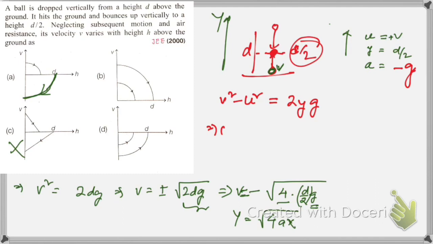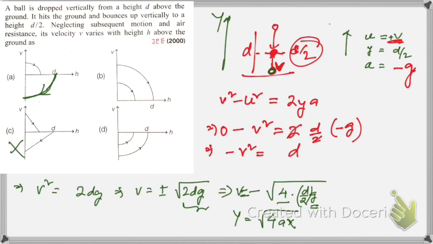So here the final velocity is 0, and the initial velocity is v, since it bounced back with the velocity v, right? So that's why v square, and 2y is here d by 2, and a is minus z, so we have got minus v square equal to minus dz.